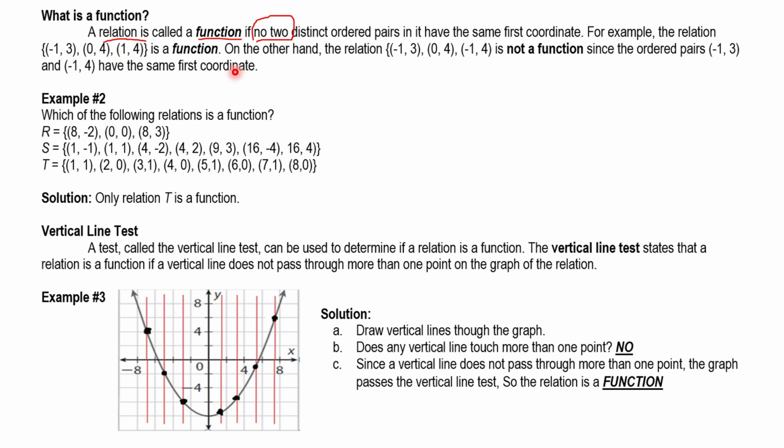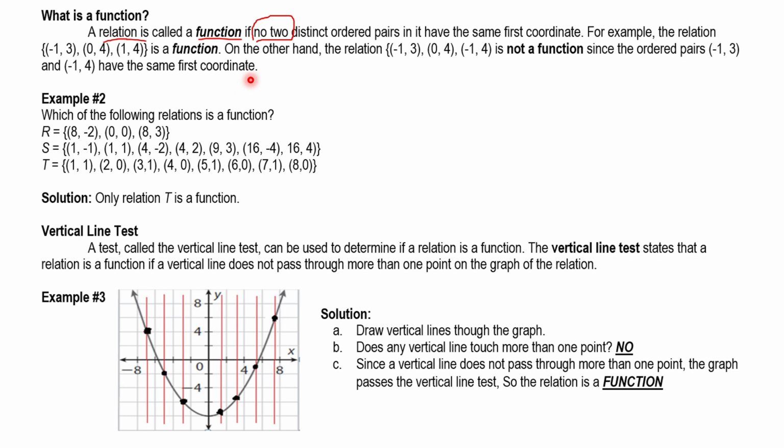On the other hand, the relation set containing (-1, 3), (0, 4), (-1, 4) is not a function since the ordered pairs (-1, 3) and (-1, 4) have the same first coordinate.